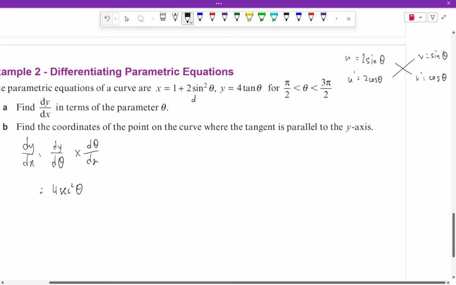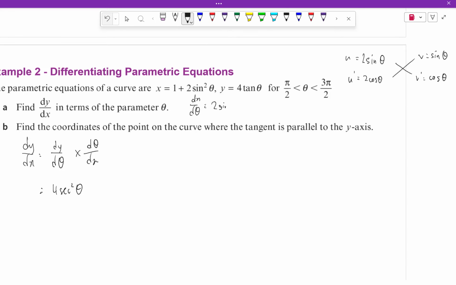So here dx/d theta equals 2 sine theta cos theta plus sine theta cos theta, so in the end we get 4 sine theta cos theta. Reciprocal it. So in this case, simplify a bit, this 2 cancels out, sec square we change into cos, and then we can write it as 1 over sine theta cos cube theta. Done.